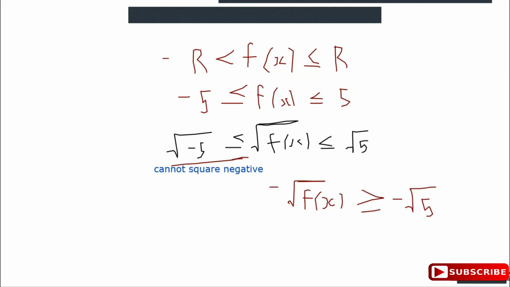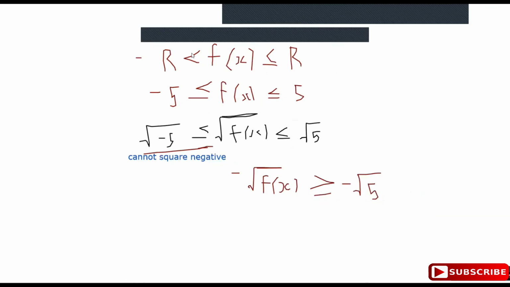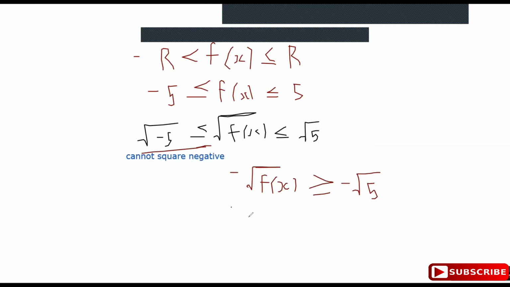Then what do we do next? We add 1 to both sides. Adding 1 to both sides, we get 1 minus the root of f of x is greater than or equal to 1 minus root 5.